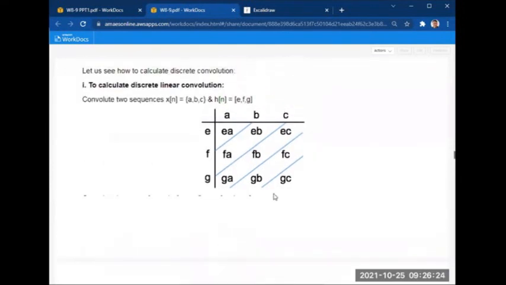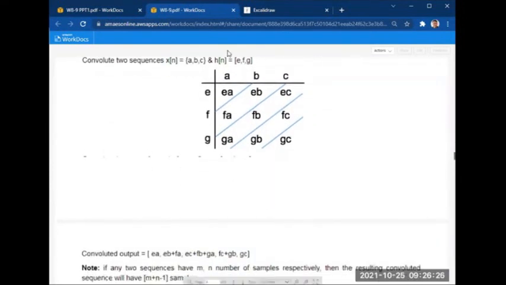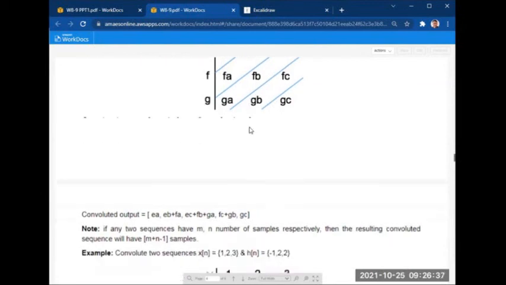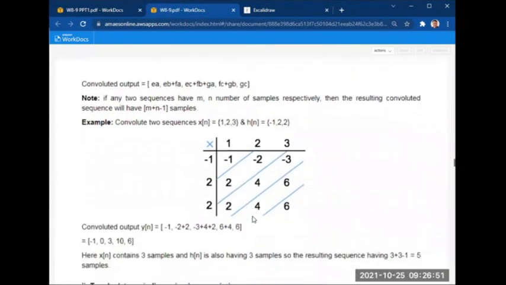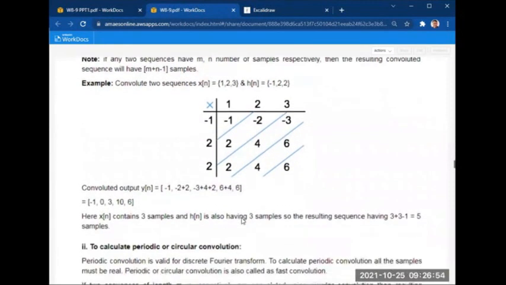In this case, our input has 3 pulses and our impulse has 3 pulses as well. The output will be m plus n minus 1, so 3 plus 3 minus 1, so the output should be 5: 1, 2, 3, 4, 5. So that is for the tabular method of our discrete convolution.